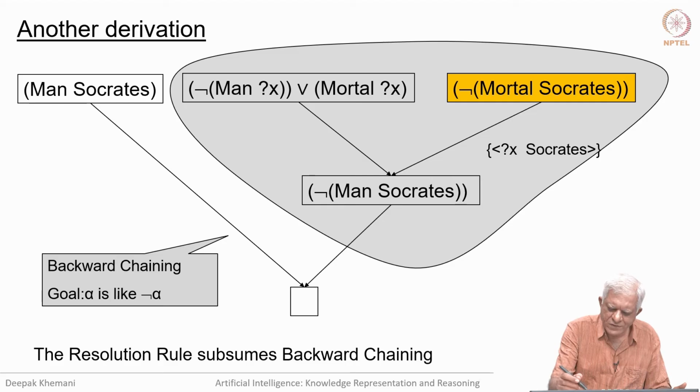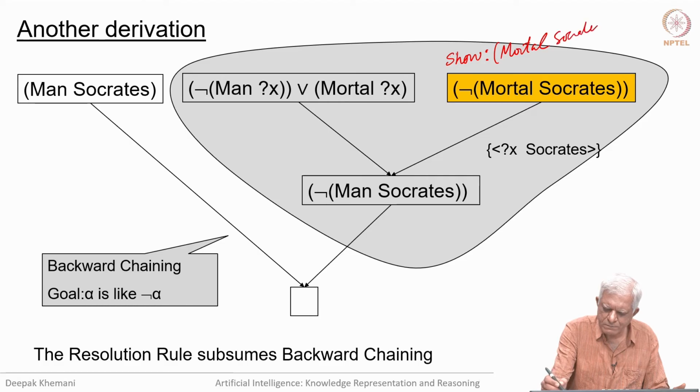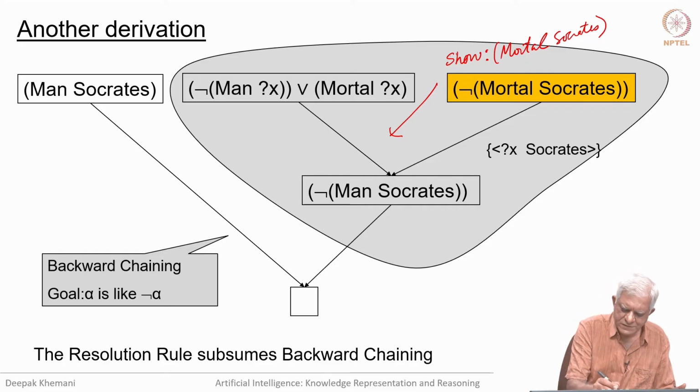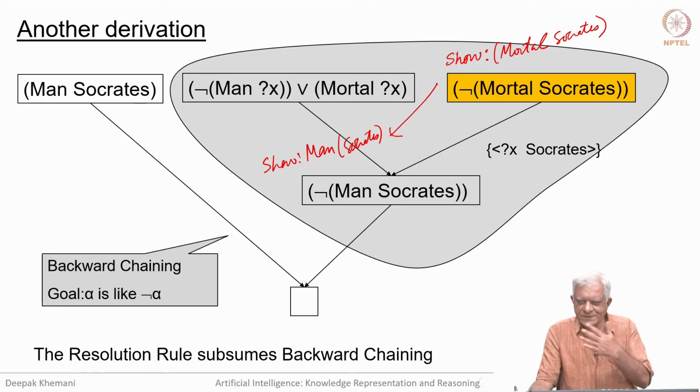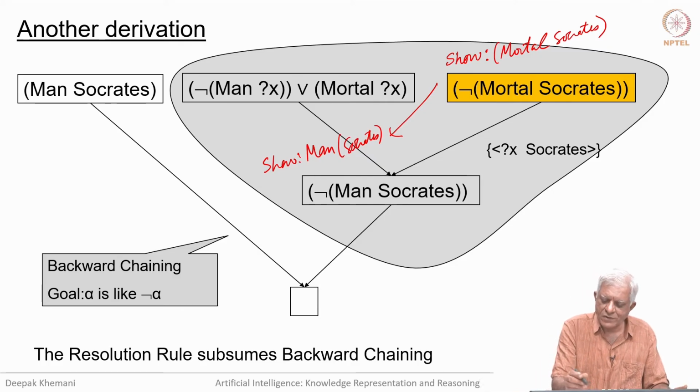So, if we use the phrase show mortal Socrates, then in backward chaining, we replace it by saying show man Socrates.